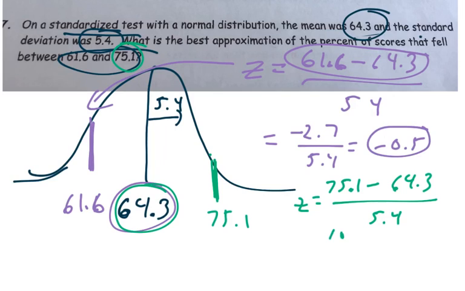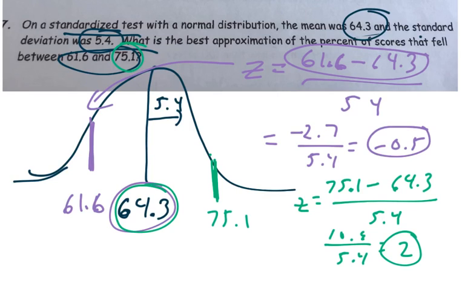We get 10.8 divided by 5.4 is 2. So it is a nice whole number, 2. Now that we have the z-scores, we can go to the z-table and find our actual percent value. Forget about the empirical rule this time. We're actually going to do real stats calculations here using the table, okay?